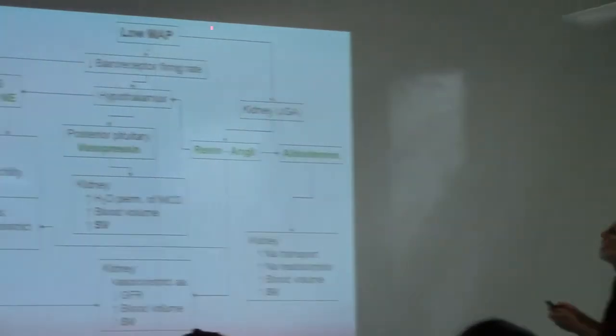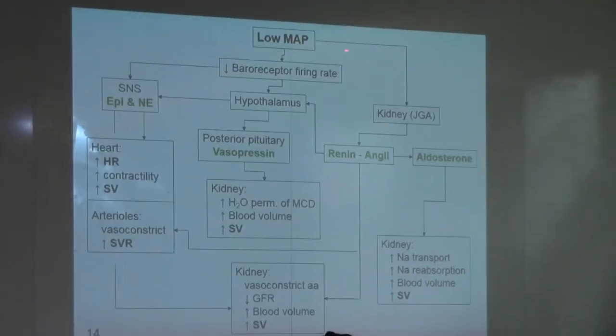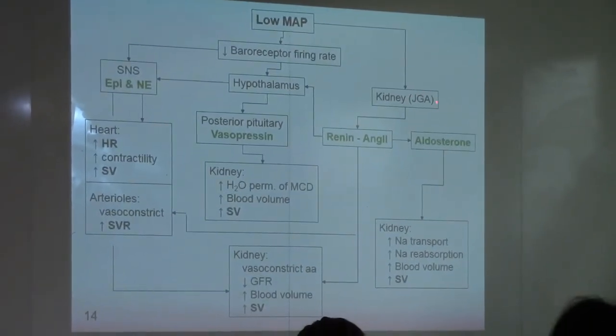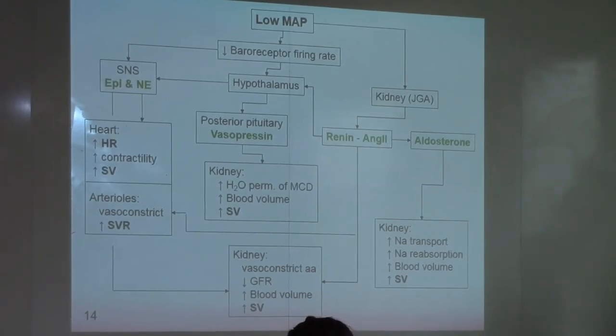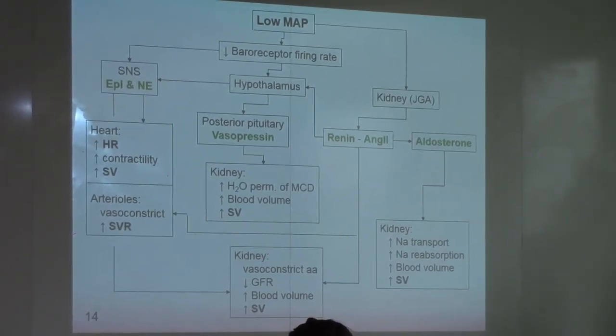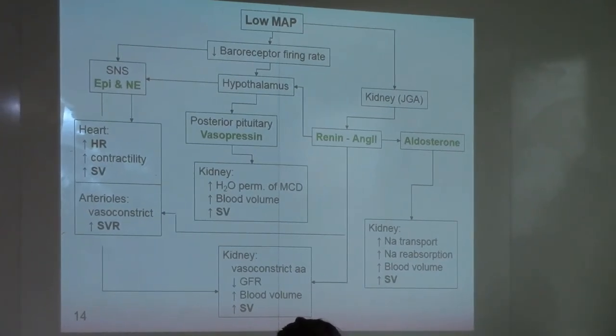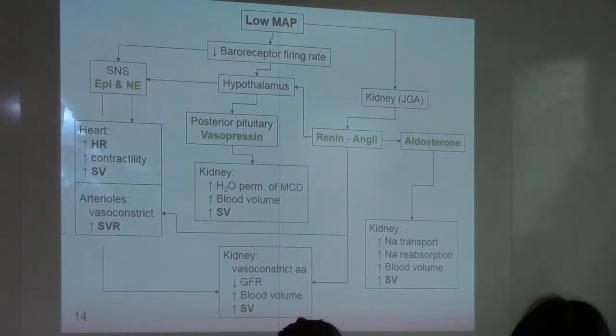And now, low pressure. What is JGA here in this abbreviation? Juxtaglomerular apparatus. What informed the juxtaglomerular apparatus in this setting of low blood pressure? This is the tricky one.